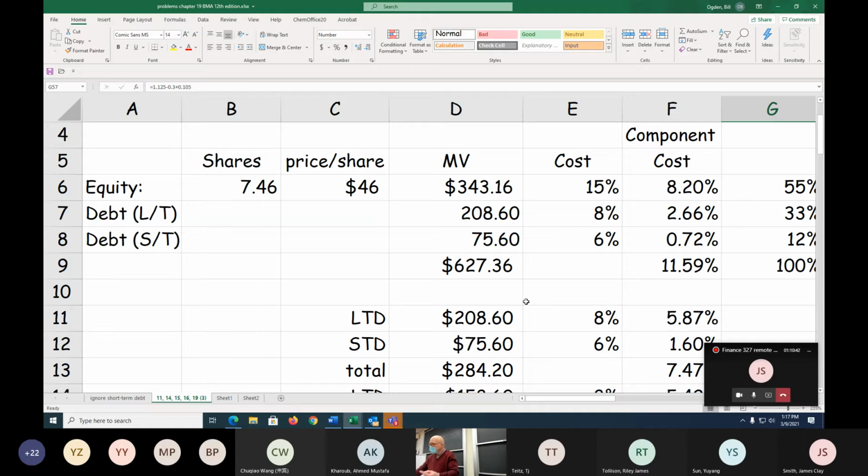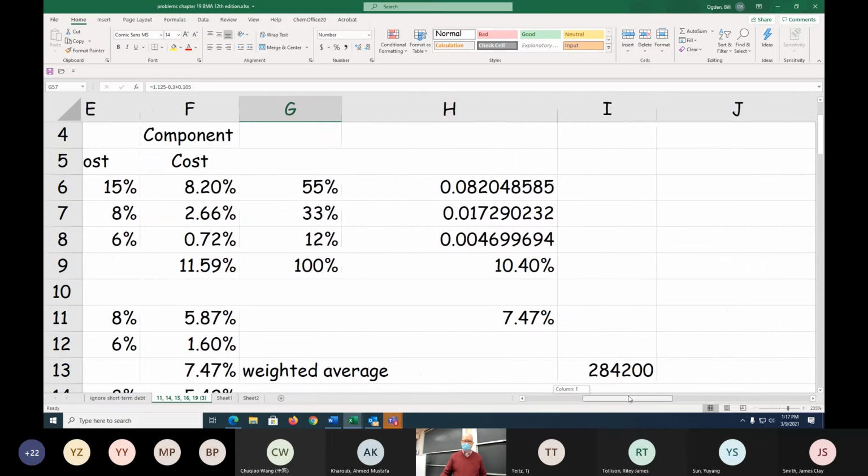That's RE. How do I know it's not RU? Because I have their balance sheet right down below here, don't I? And it says $208,600,000 of debt. So that's not an all equity company, is it? Therefore, that's the cost of levered equity. That's not RU. Okay, so it's a little bit differently worded, but hopefully it's not a problem.